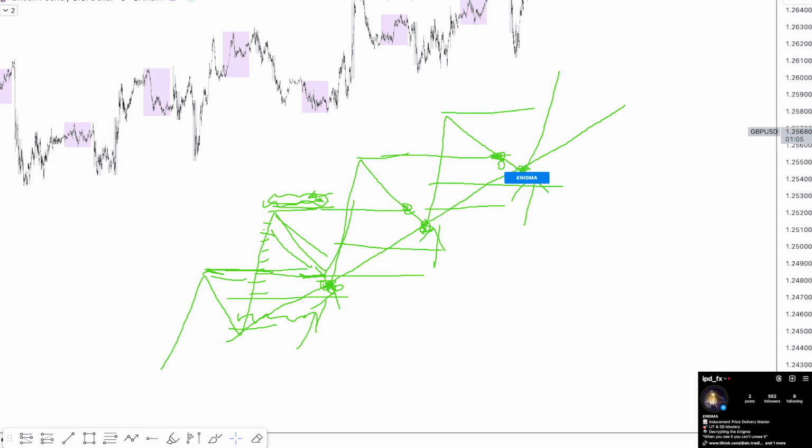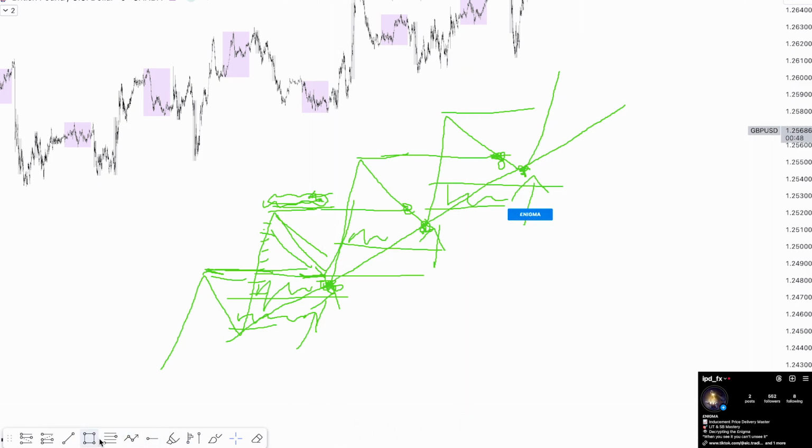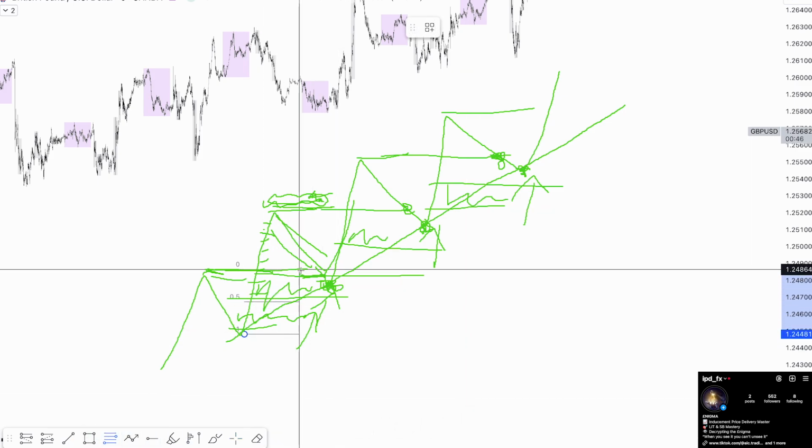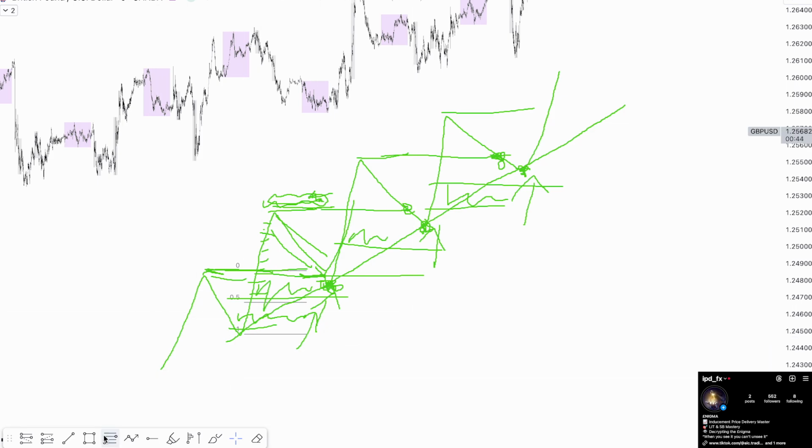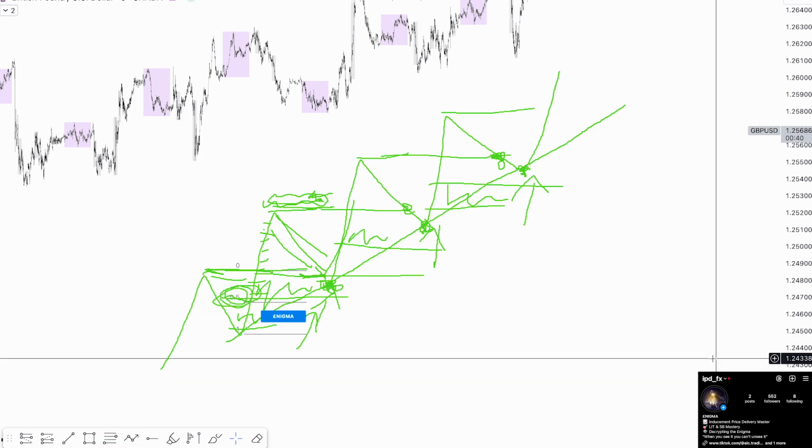Also, we have Fibo levels. Traders who know Fibo want to trade in this case below the 50% level, so also in these zones. So we have a lot of liquidity at exactly the 50% level, very important.